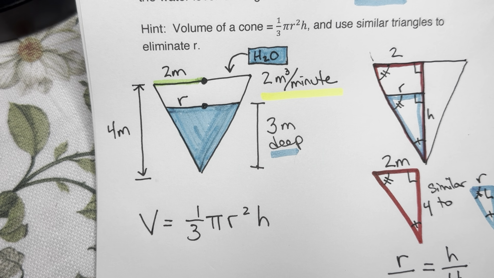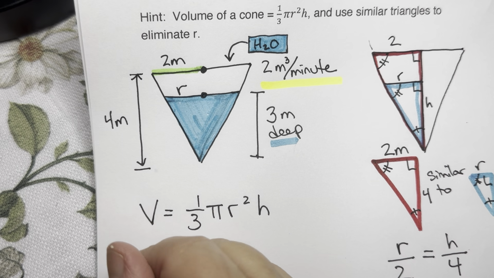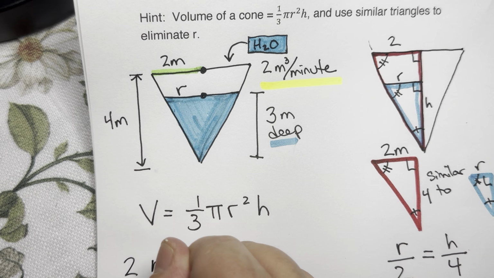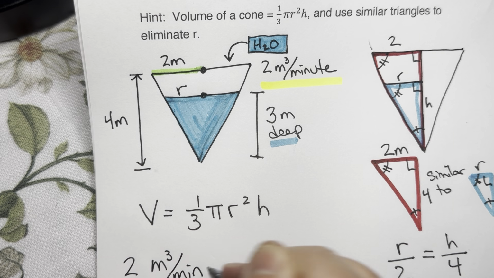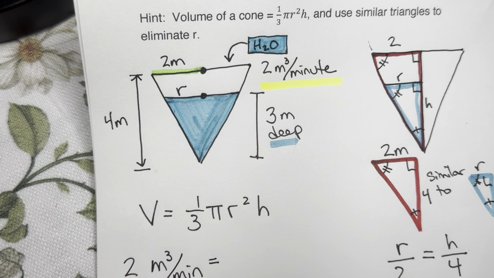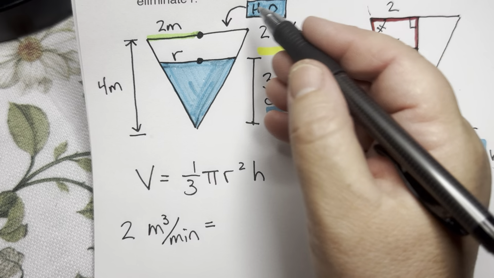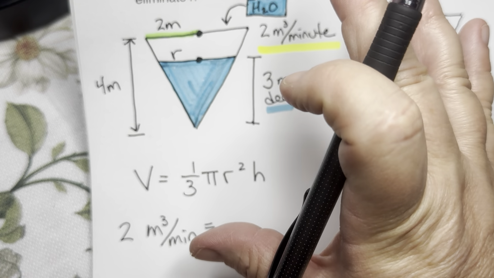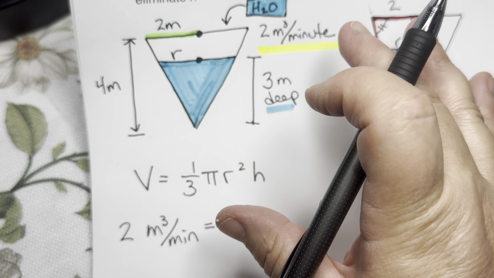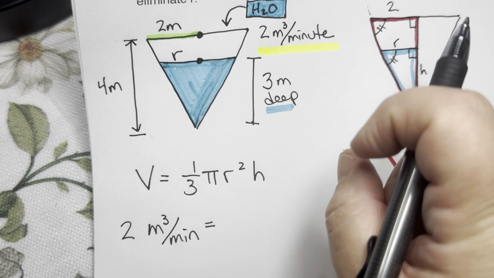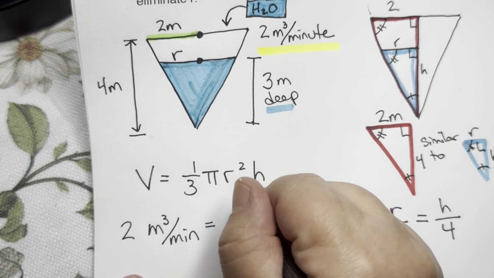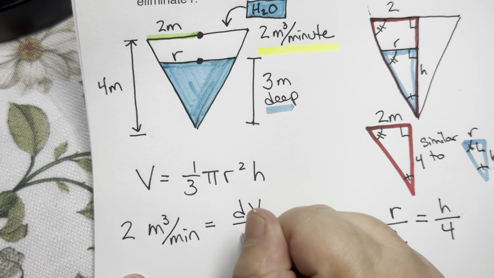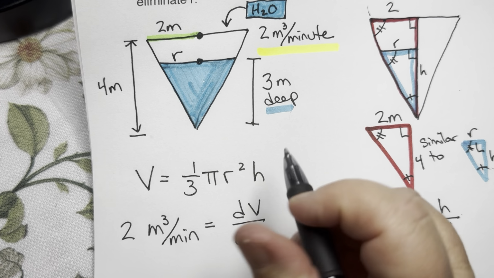So let's look at what things I know. So the 2 cubic meters per minute, what is that equal to? That's the water that's coming in. So that's how fast the volume of the cone is changing. Does that make sense? So that's how the volume of the cone is changing.